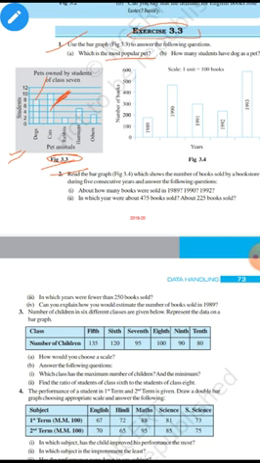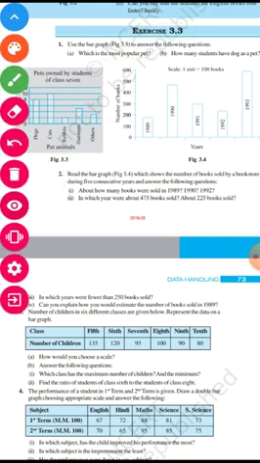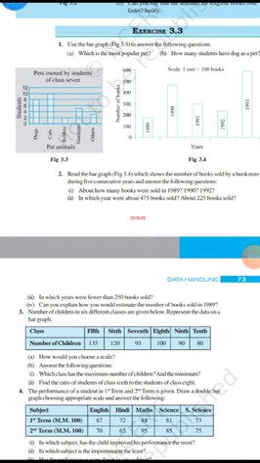Okay. For question number 2, read the bar graph figure 3.4, which shows the number of books sold by a book store during 5 consecutive years, and answer the following questions. 1 unit is equal to 100 books.